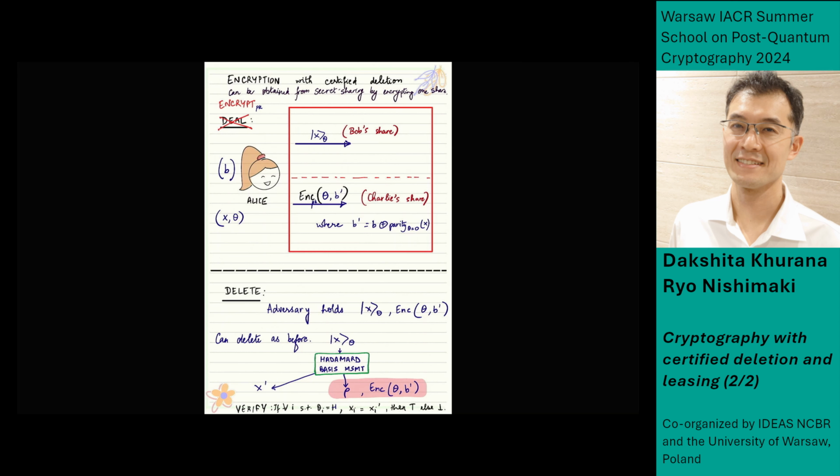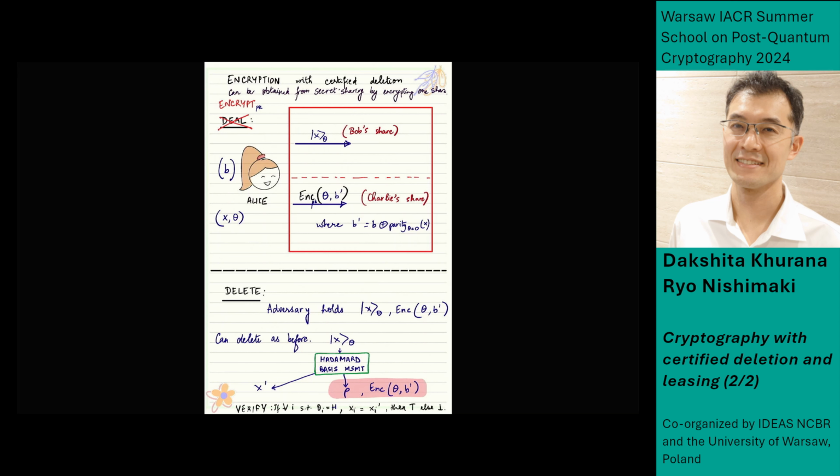And at some point, we download the ciphertext, and maybe we require the server to delete the ciphertext, because maybe the secret key is compromised at some point and then the server is also breached.